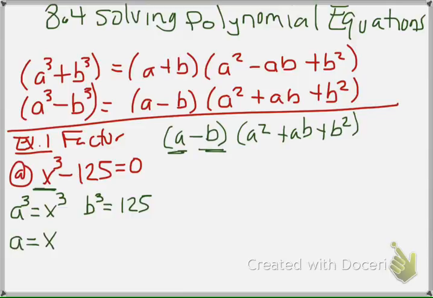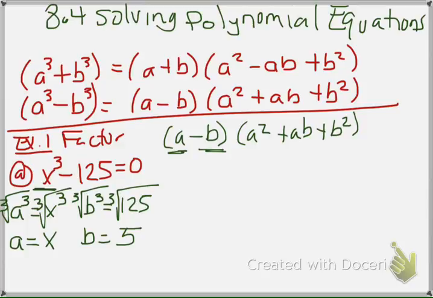It's just X. You take the cube root of both sides. If I take the cube root here, it's just an A. If I take the cube root here, it's just an X. If I take the cube root here, this is just B. But what is the cube root of 125? What number multiplied times itself 3 times gives you 125? It's 5. Very good.